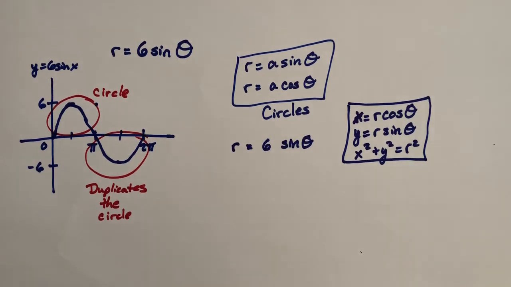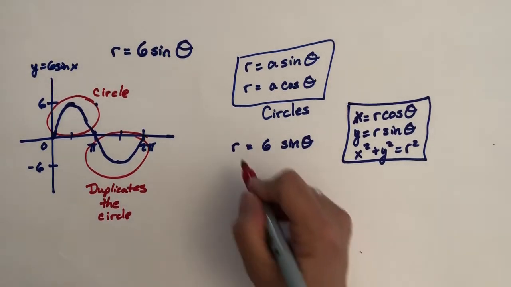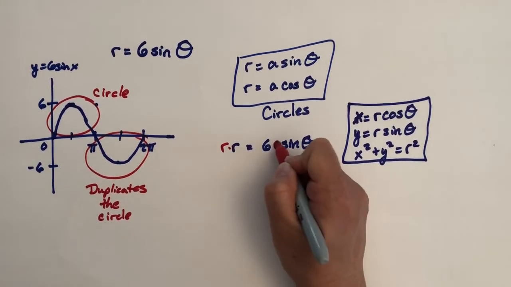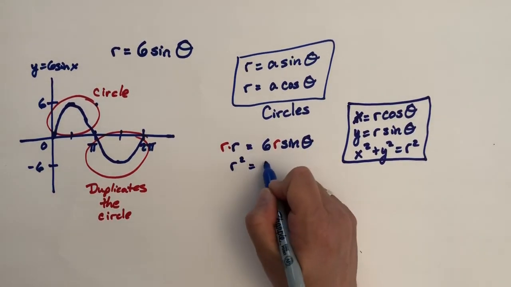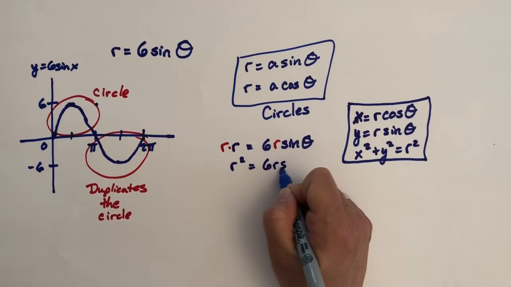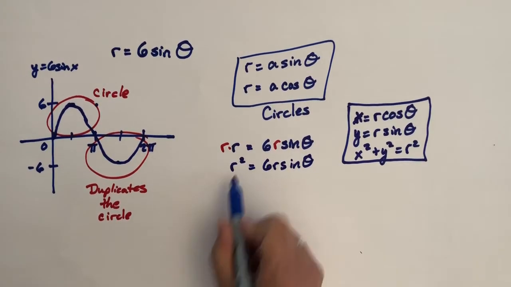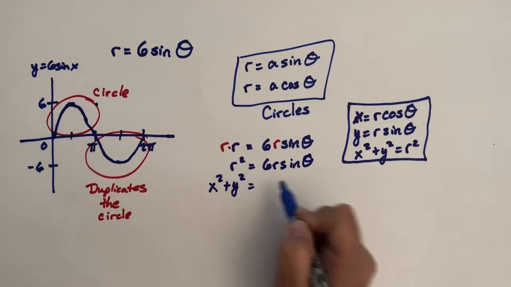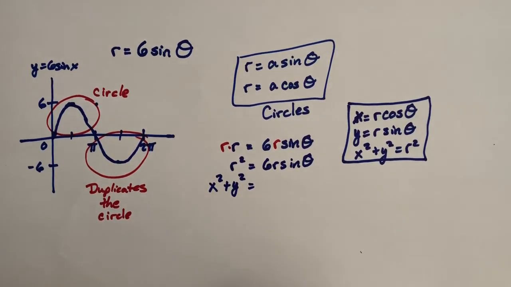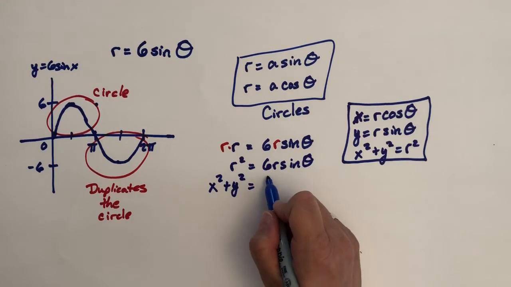So let's multiply both sides of this equation by r, and we'll have r squared equals 6r sine theta. We know r squared is x squared plus y squared. We know r sine theta is y.